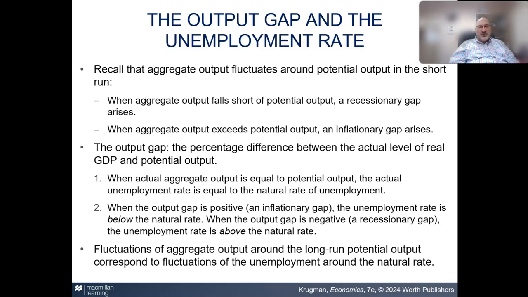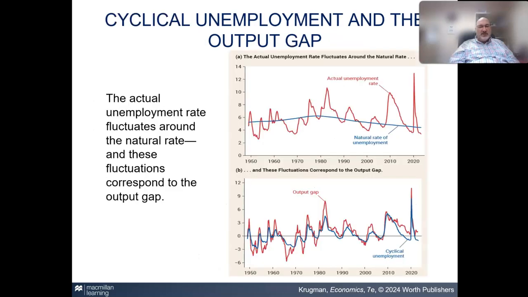So fluctuations of aggregate output around the long run potential output correspond to fluctuations of unemployment around the natural rate. And that's as it should be. This is what it looks like. The red line is the actual unemployment rate. The blue line is the natural rate of unemployment. The red line on the bottom one is the output gap.